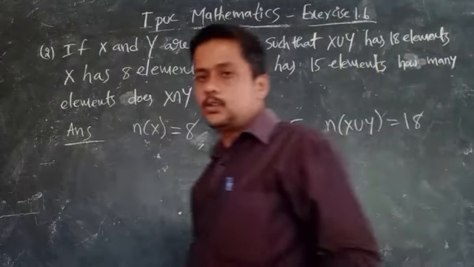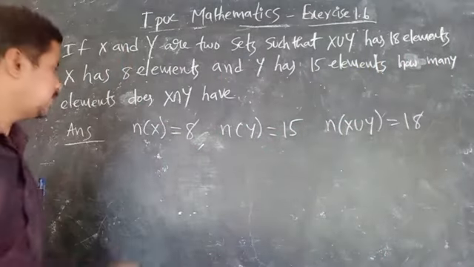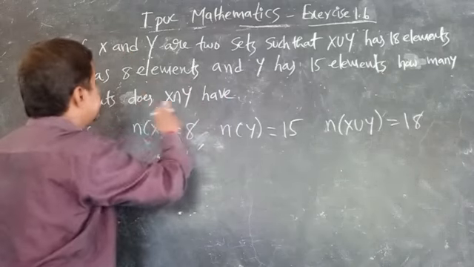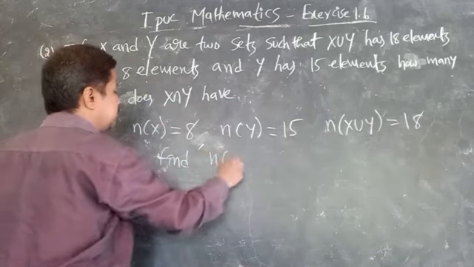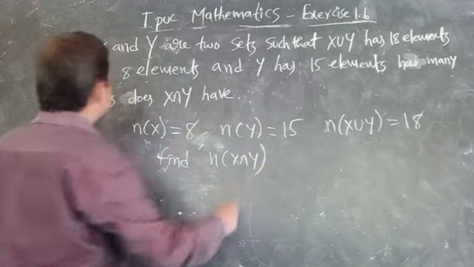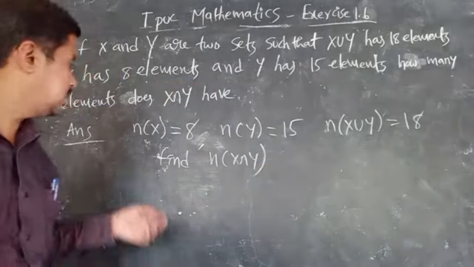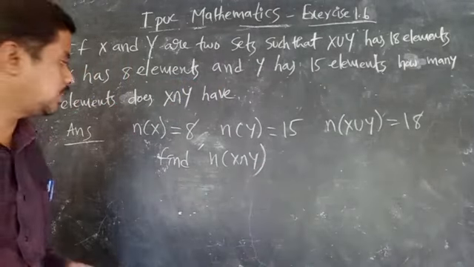Okay. So given data, find what? Find n of x intersection y, the number of elements in x intersection y. So what is the formula?